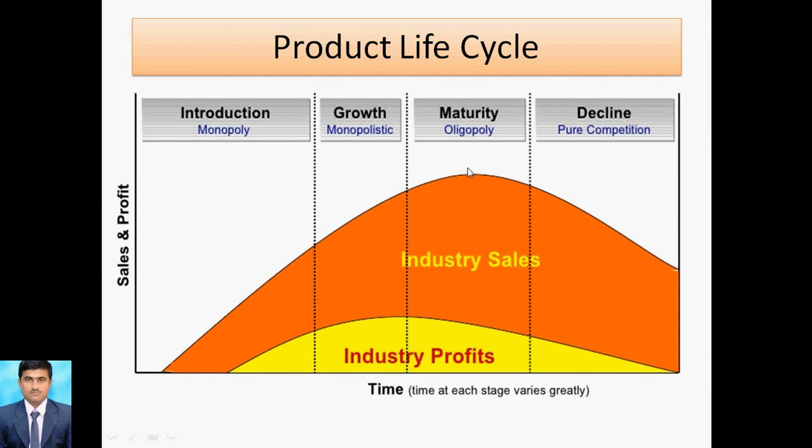After some time it went to the maturity period, and the sales reached about 20,000 millions. After some time it went into the decline stage. So this is the product life cycle, and it applies to any product.